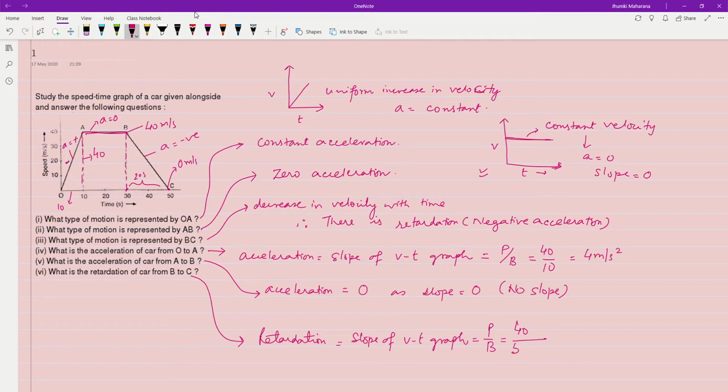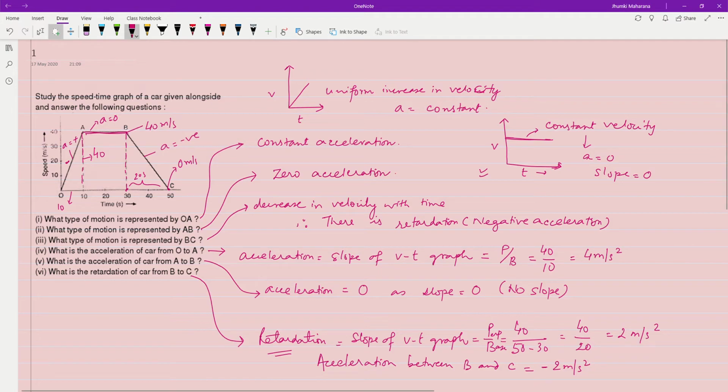So it is 50 minus 30. So it is 40 by 20. So we get 2 meter per second square. Or we can also write acceleration between B and C is equal to minus 2 meter per second square. This is base, okay, base, and this is perpendicular. Now this is question number 1. Now let us move on to question number 2.